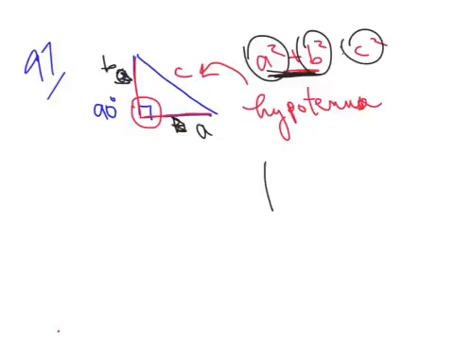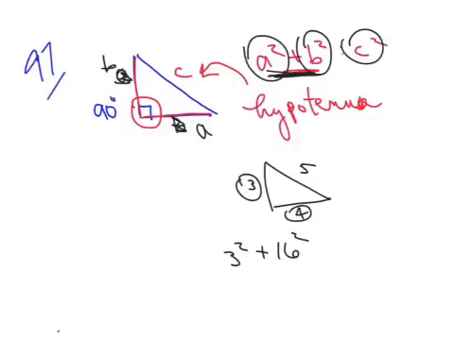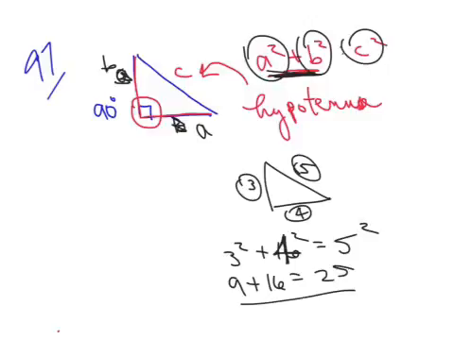So for example, if this is 3, this is 4, and this is 5, then we get 9 plus 16 equals 25. Is that a true statement? Yes. Then that means it all works.